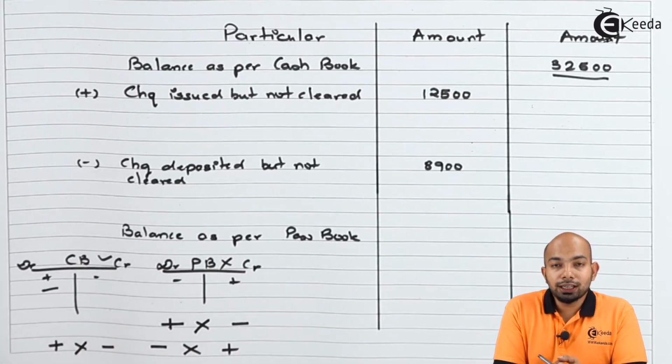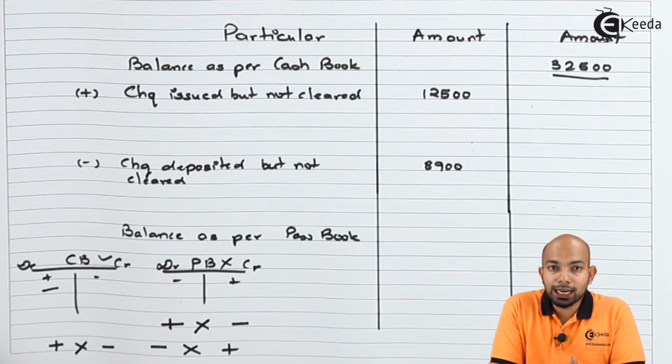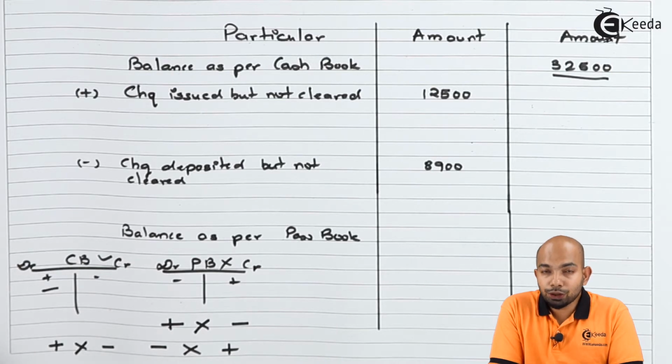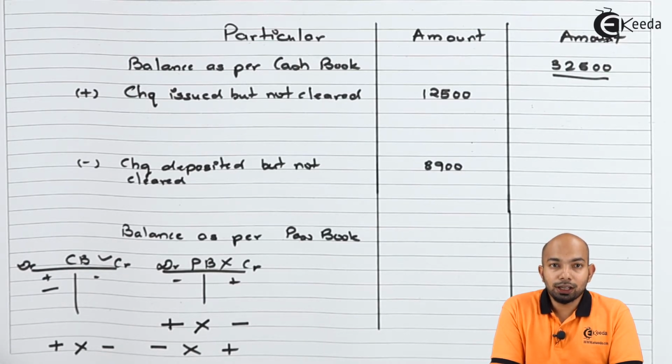You check whether the transaction increases or decreases your bank balance. This transaction is a credit which was supposed to be received but not yet received. So you need to understand whether it refers to the cash book or the passbook. Of course, it refers to the passbook, where it has already been mentioned.